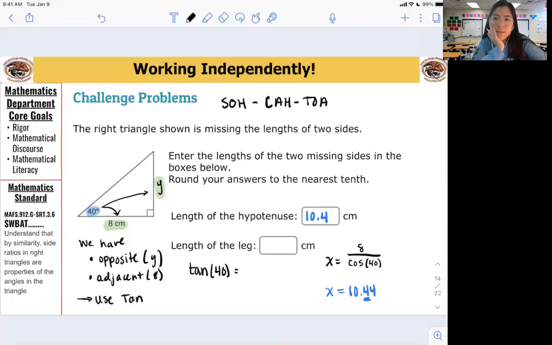Opposite over adjacent, what would that be on my triangle? What would it be? Y over 8. Y over 8. Okay.